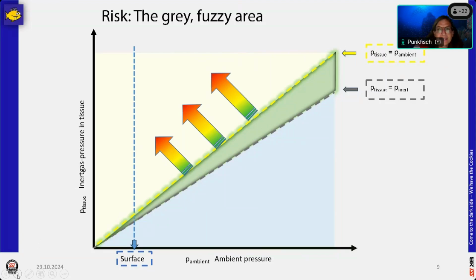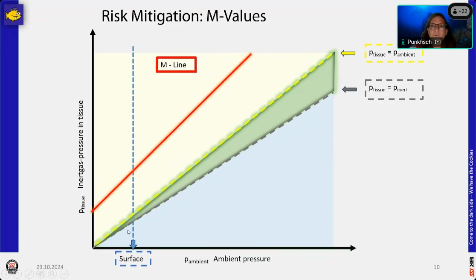And this did lead to some knowledge about a statistical risk of actually getting symptoms, actually getting DCS, not about measuring bubbles, about getting bent. And this statistical risk was then formed into a line and into a limit that we now know as the M line, the M value.